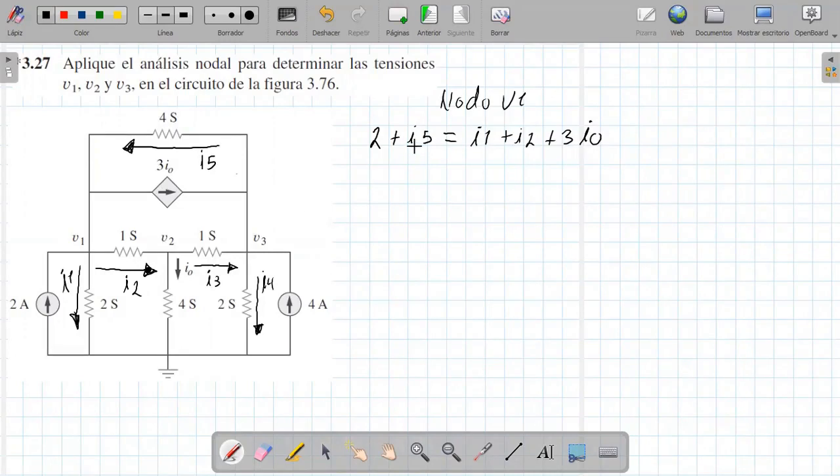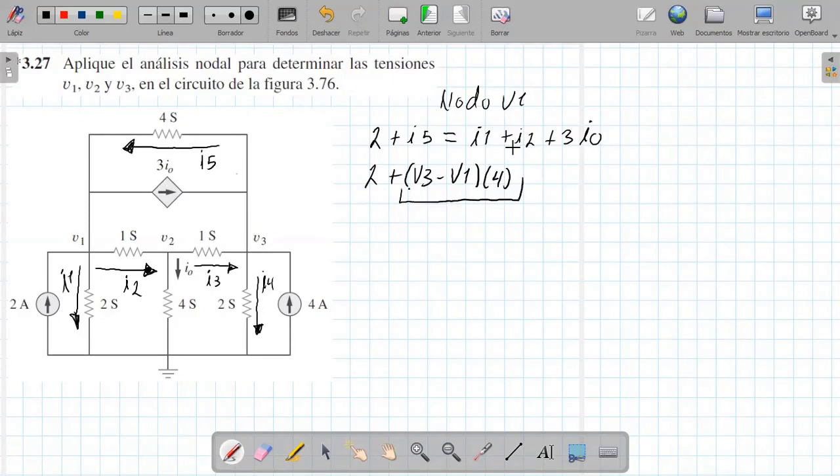Then, 2 amperes plus the 4 A. The 4 A, as I say, goes to this point. This point, all of this B3, would be V3 minus V1, which multiplies the 4 siemens. Let's remember that since we are working with conductance, this is common.